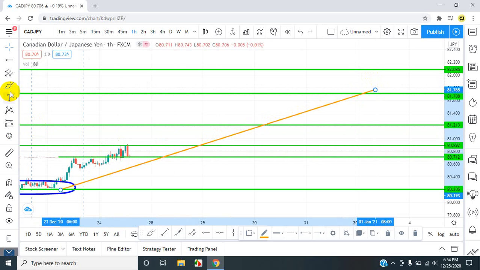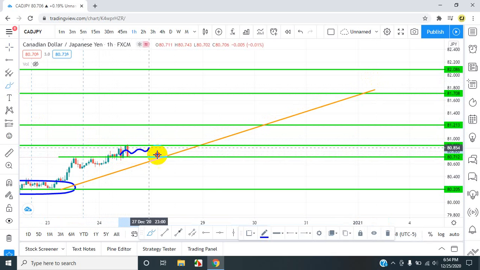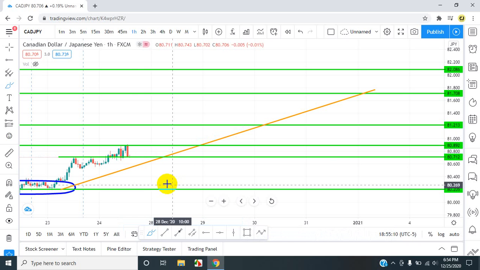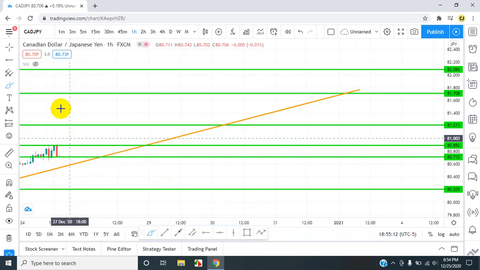So Friday the market will bounce up and down, Saturday bounce up and down, Sunday it'll probably start moving within this trend line. Before or after, you never know. At the end of the day, we just wait for the market to do what it do and make its moves.